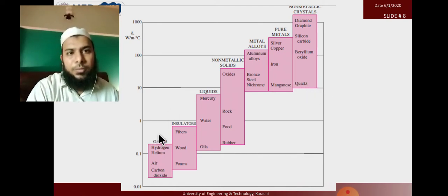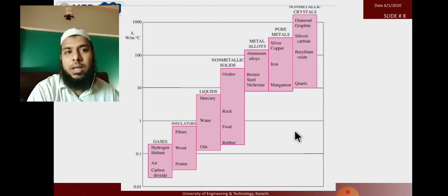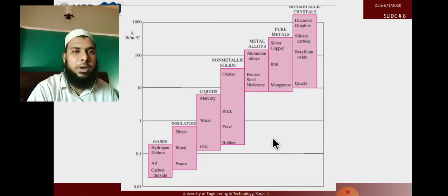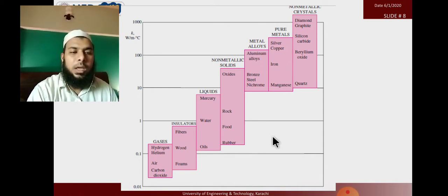We will discuss this insulation part later with the numerical, when we have done all the conduction, convection, and radiation parts. We solve the numerical as a whole, because at every single moment there is not only one heat loss.